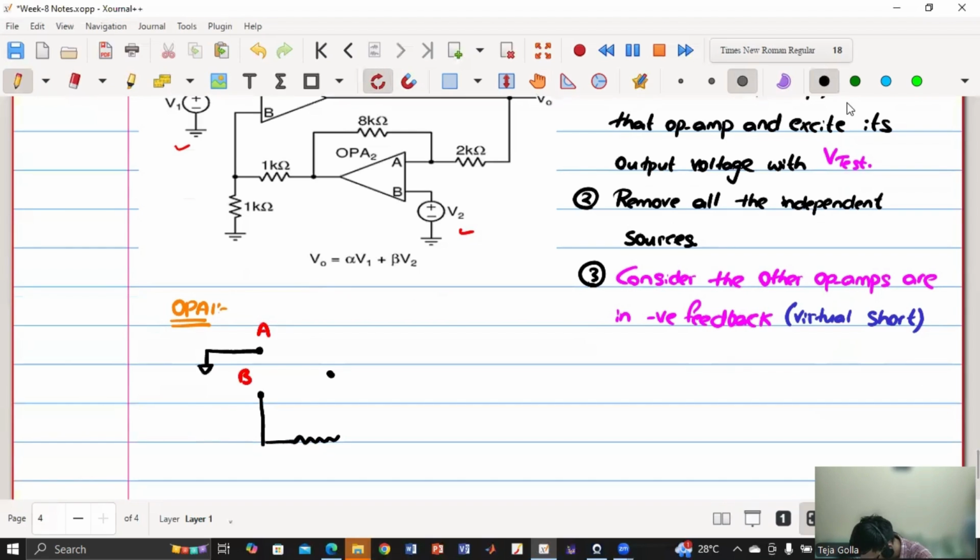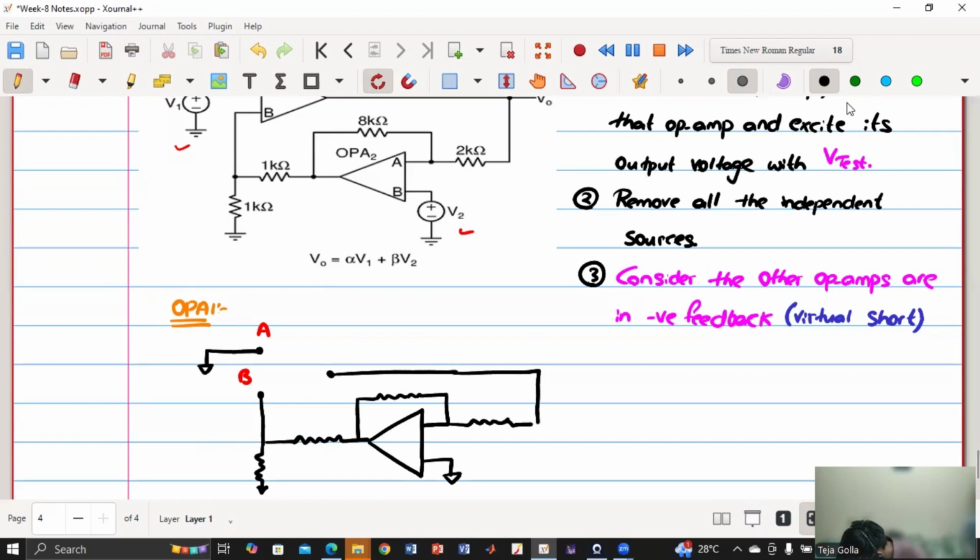Here we have 1K, here I have another 1K, and here I have one op amp, which I am assuming is already connected in the negative feedback. This is my terminal A. Terminal B is anyway grounded. And then here we have 2K and this is V naught. And I am exciting this with the test voltage V test.